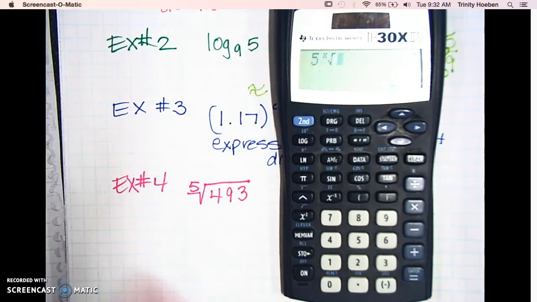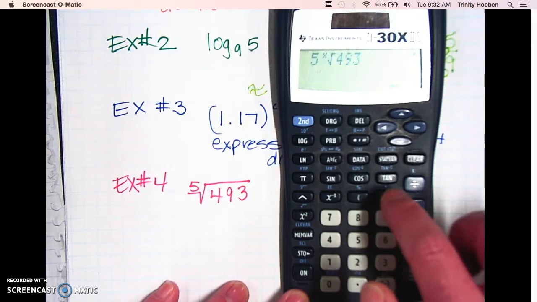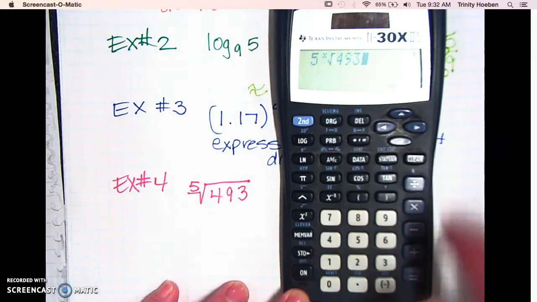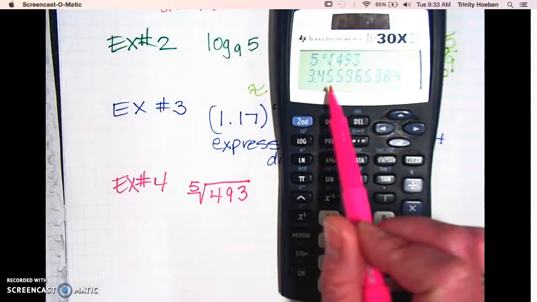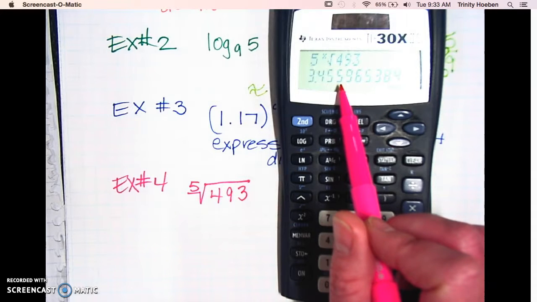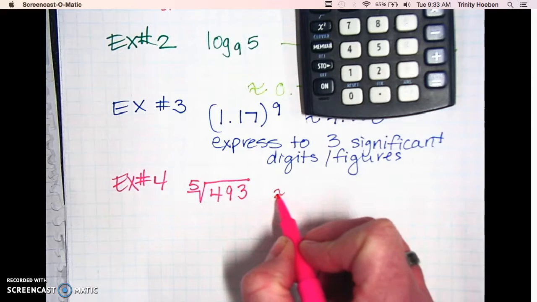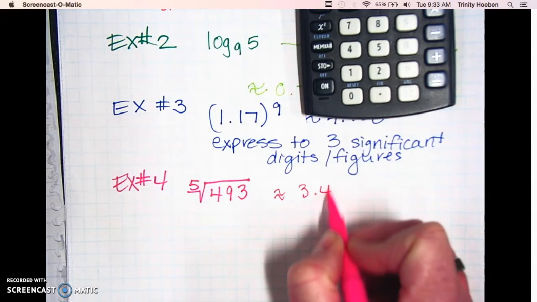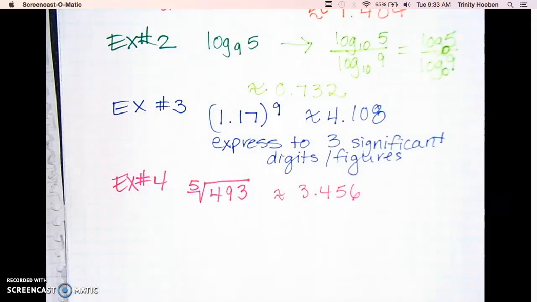Make sure it says the xth root, otherwise you're just taking the square root and multiplying it by 5 of 493. You're going to get something like 3.45. That 5 is going to change to a 6 because there's a 9 next to it. So we've got approximately 3.456. Everybody get the same thing as me?